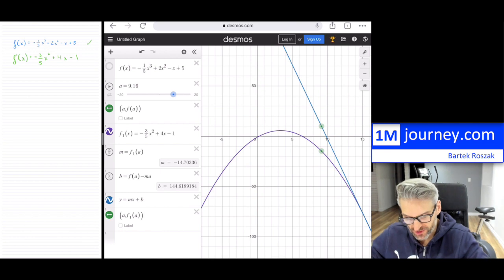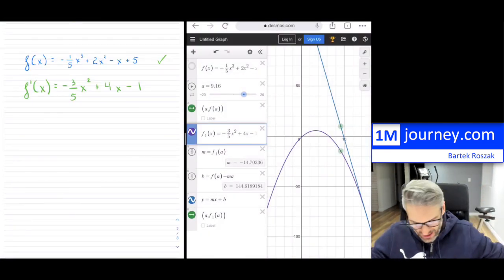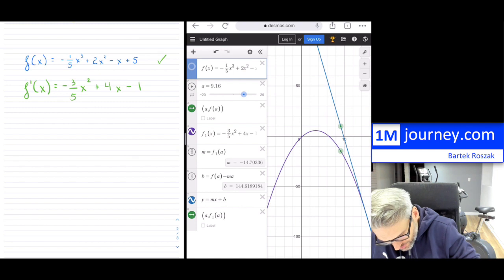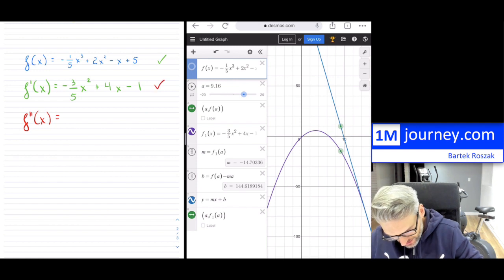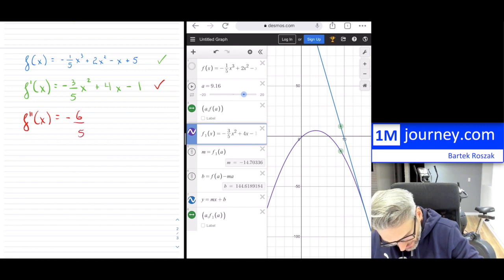So if I go back to our original here, and now I take the second derivative, I can certainly try to manage that. So here is my second derivative. So that's of this. Now notice, it's going to be negative 6 over 5x plus 4.